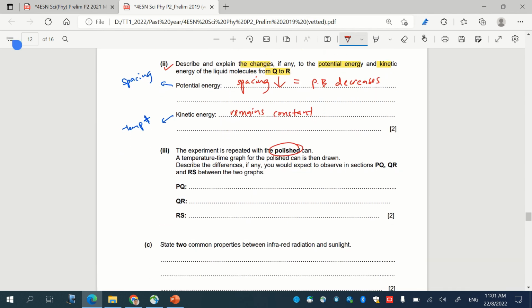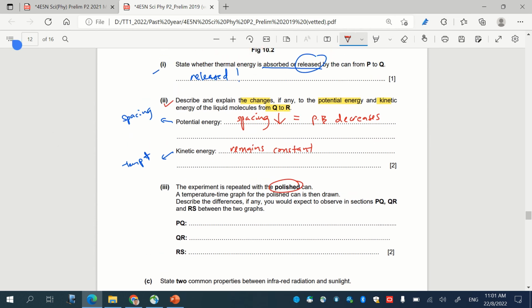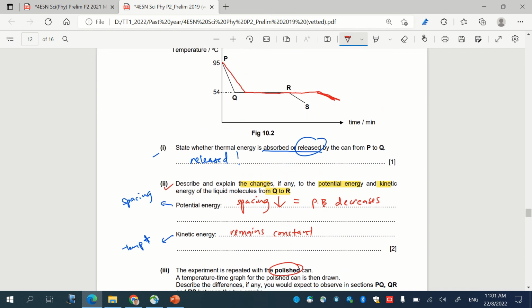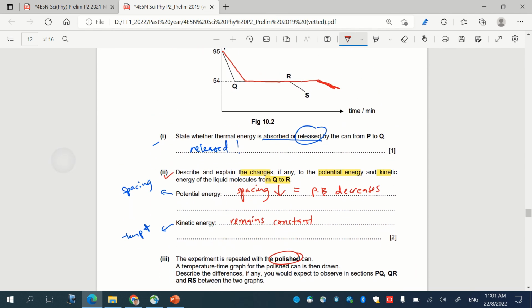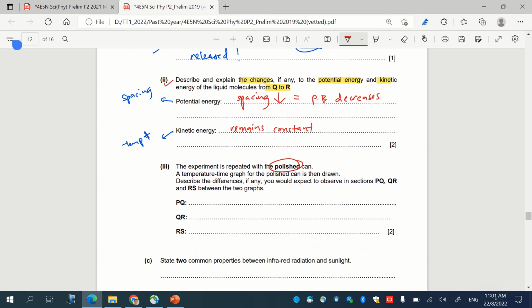All right, for PQ, the gradient or the slope will decrease. Gradient is more gentle, the slope is more gentle, or the gradient decreases.